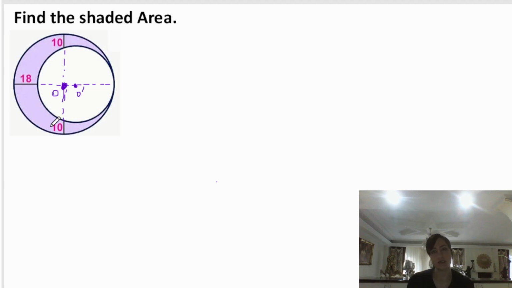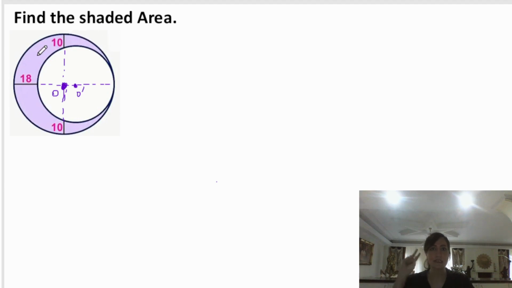To find the shaded area, first of all, I have to find the radius of the outer circle and the radius of the inner circle, and take away the area of the inner circle from the area of the outer circle.